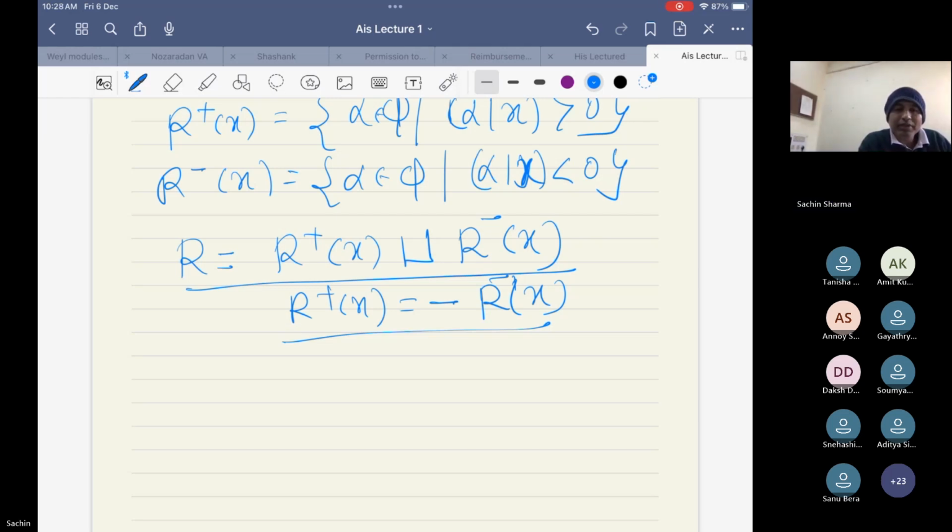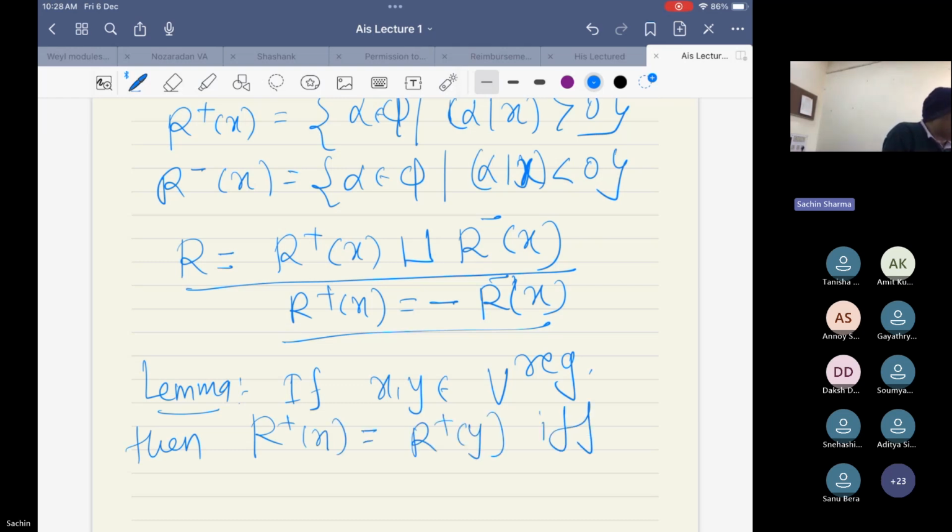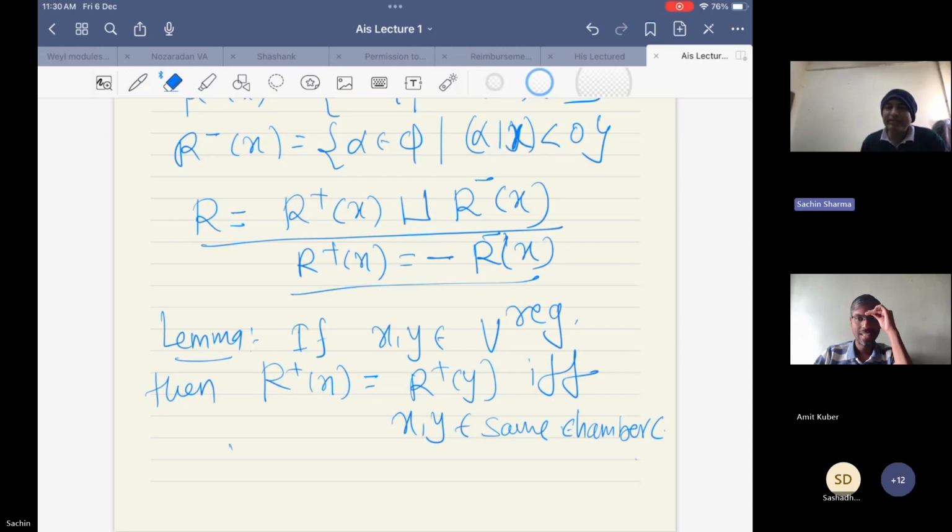Here is the following lemma: suppose x and y belong to V regular, then R plus of x is equal to R plus of y if and only if x and y belong to the same chamber C. This means the positive roots related to the partition we have defined with respect to x and y are the same. This is an important thing.